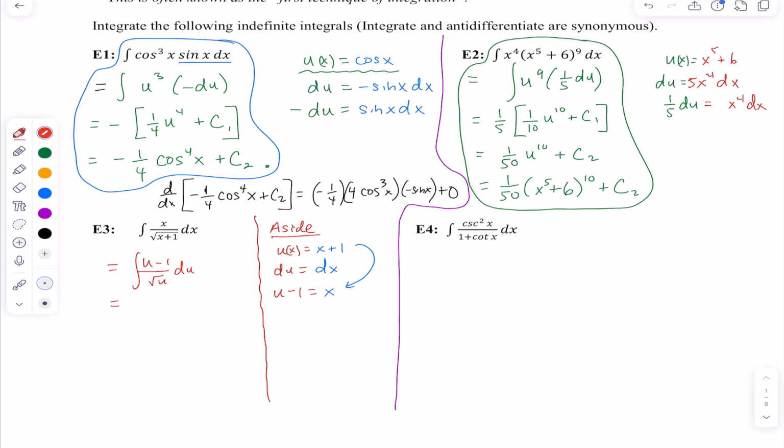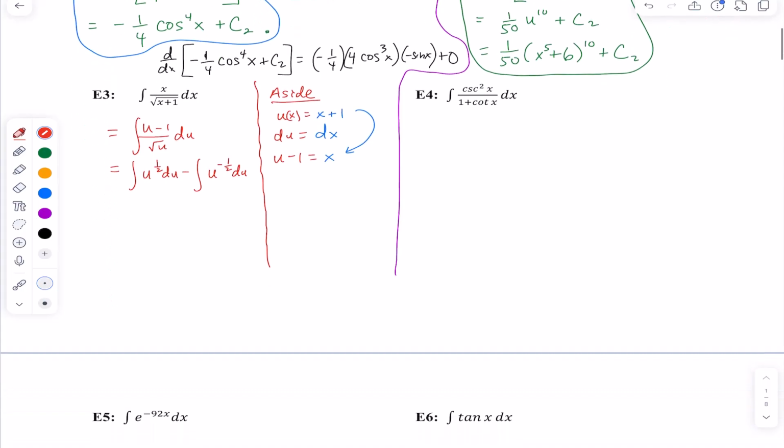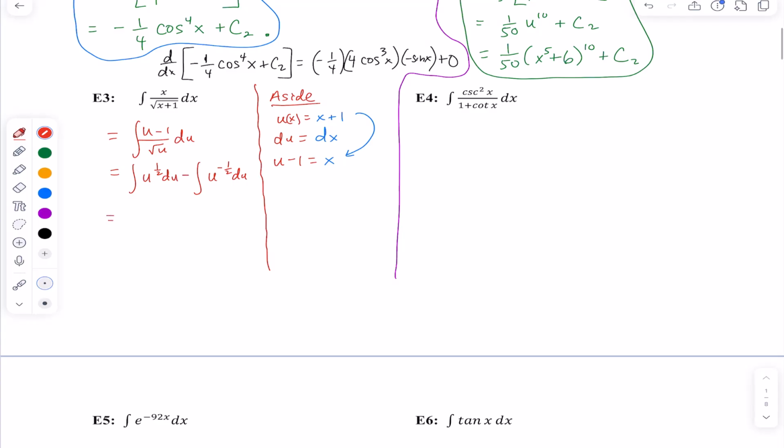Notice you have an entire integral with just u's. You cannot mix and match. There should not be any x's after you do your U-substitution. Use your integral properties and continue to integrate.